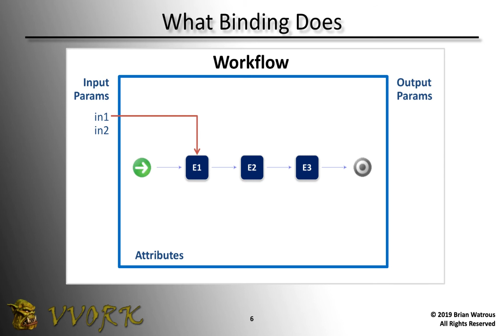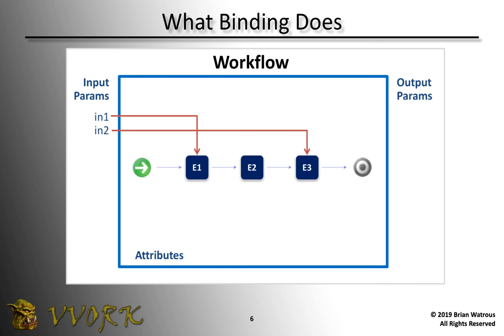As we continue onwards, just to illustrate the point, here I'm illustrating an inward binding from the input parameter called IN2 to some variable inside of schema element E3. Again, there's no need for the numbers of the variables and the numbers of these schema elements to match at all.